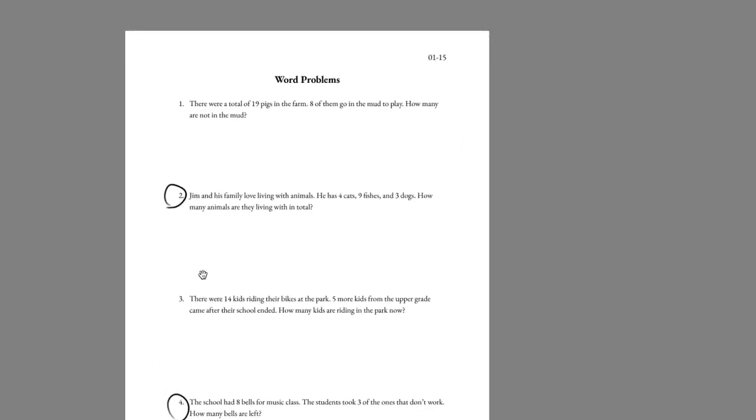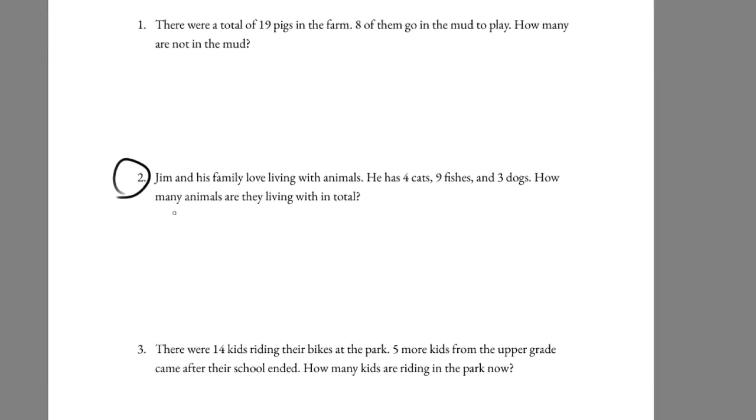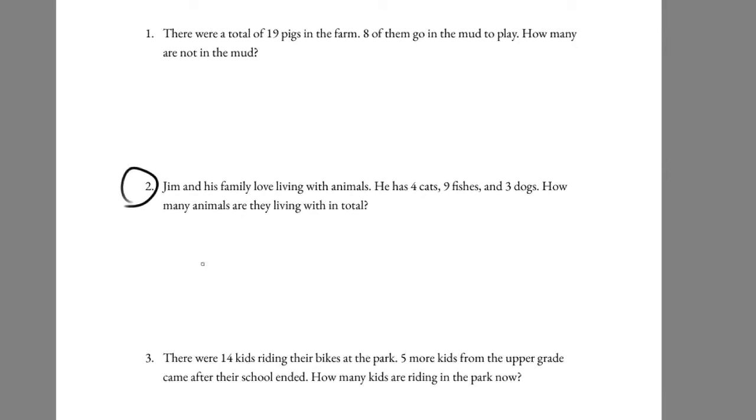Let's move on to the final page, which is on word problems. Let's do 2 and 4. Jim and his family love living with animals. He has 4 cats, 9 fishes, and 3 dogs. How many animals are they living with in total? From this phrase, in total, you can see that this is an addition problem.